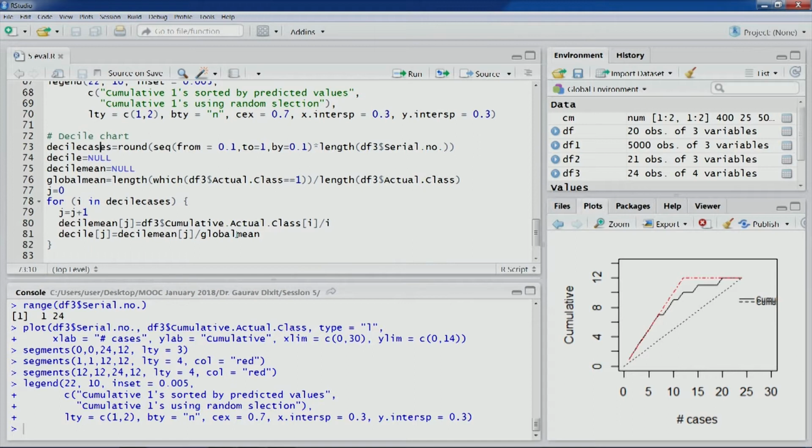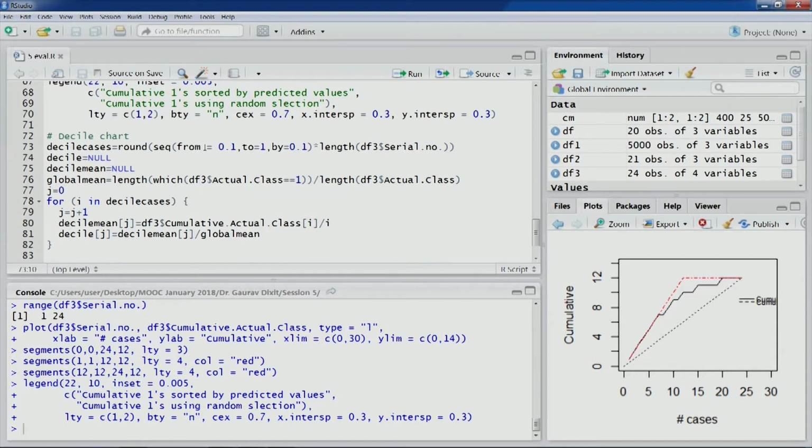The global mean here is the number of cases belonging to actual class 1 divided by the number of total cases. This value will give us the global mean, the average case.